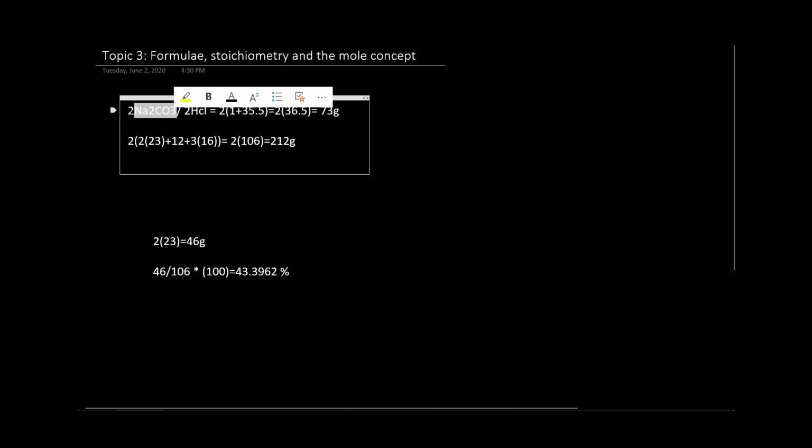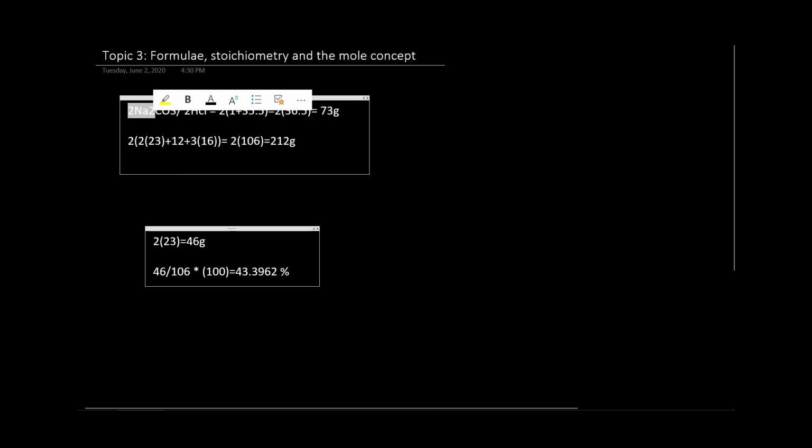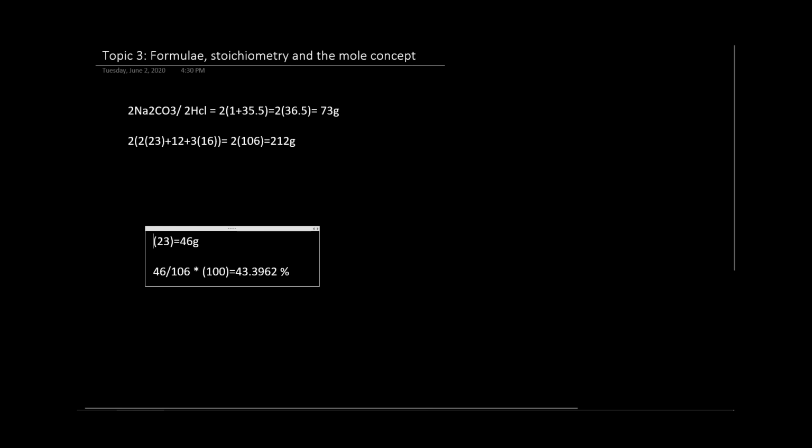So when the coefficient is 2, or when the mole is 2, we'll obviously be having 4 atoms of sodium. That's pretty straightforward, right? So 4 atoms of sodium equals 4 into 23, which is 92 grams, right?